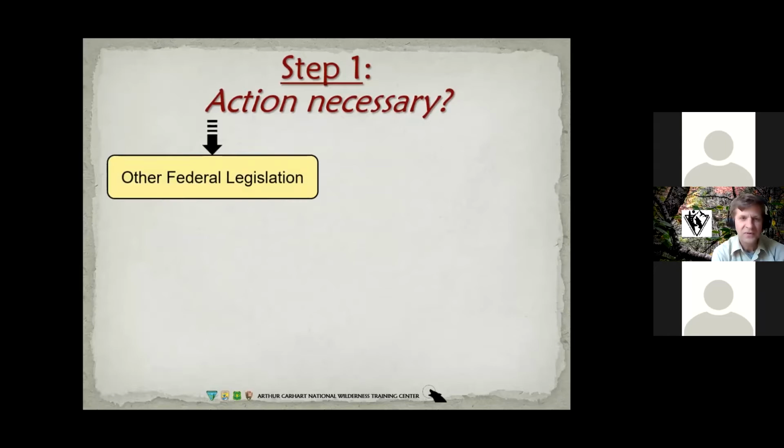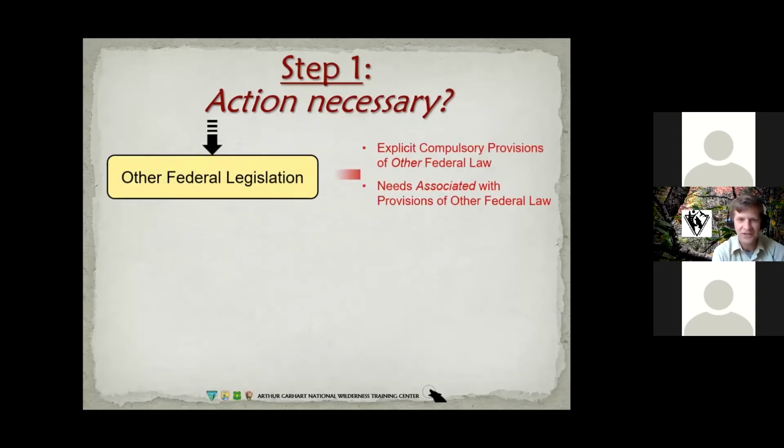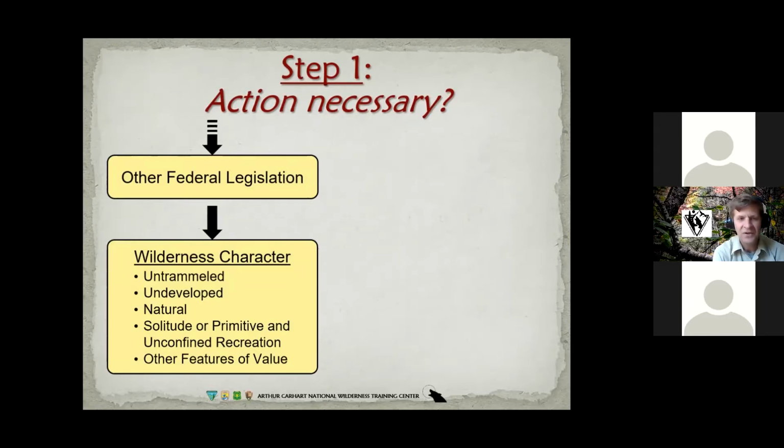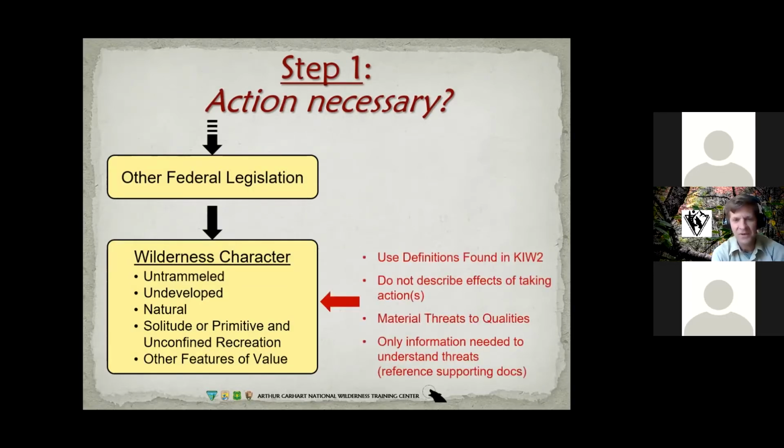Still in step 1, we're also looking at other federal legislation. So we talked about this earlier on, the ADA, American Disabilities Act. Does it provide any specific guidance? Or there may be other laws, let's say the Endangered Species Act. So there might be other federal legislation that provide direction. And then also, when we're describing the current situation, we're also going to talk about what the impacts to wilderness character are.